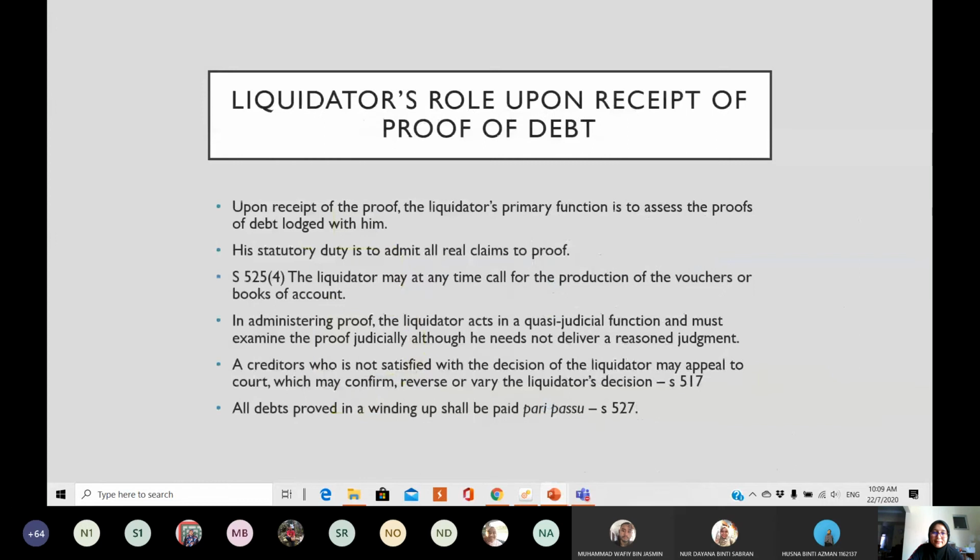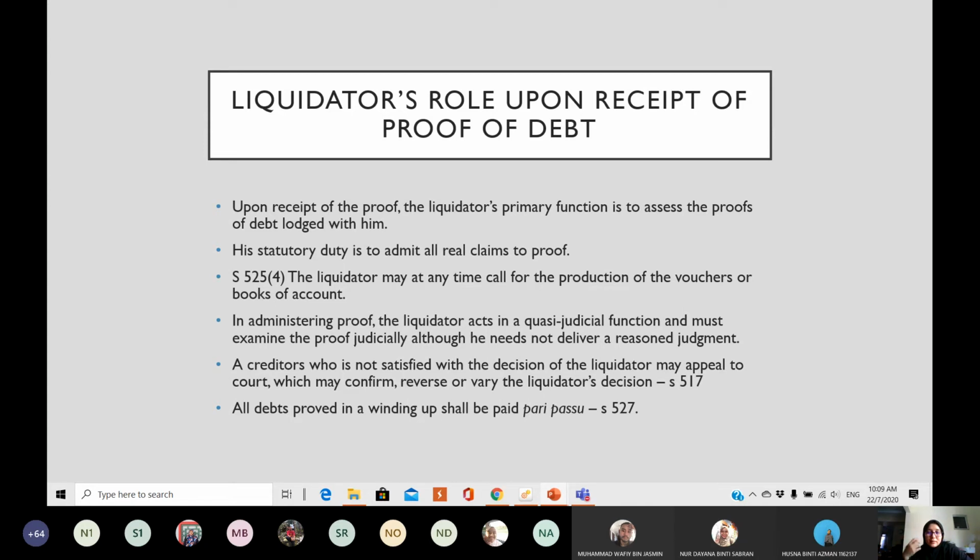Okay, so bila dia dapat, the liquidator's role upon receipt of proof of debt, so upon receipt of the proof, the liquidator's primary function is to assess the proof of debt lodged with him. So dia akan tengoklah affidavit tu, dokumen cukup tak untuk support dia punya debt. Okay, and then if it is sufficient, so then dia boleh admit the claim. So his statutory duty is to admit all real claims to proof. So dia tak bolehlah terima je proof of debt yang tak ada evidence.